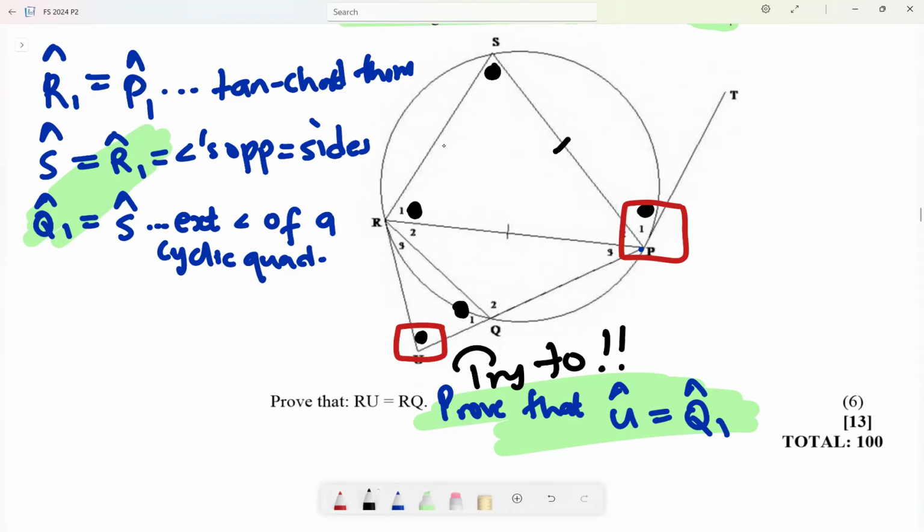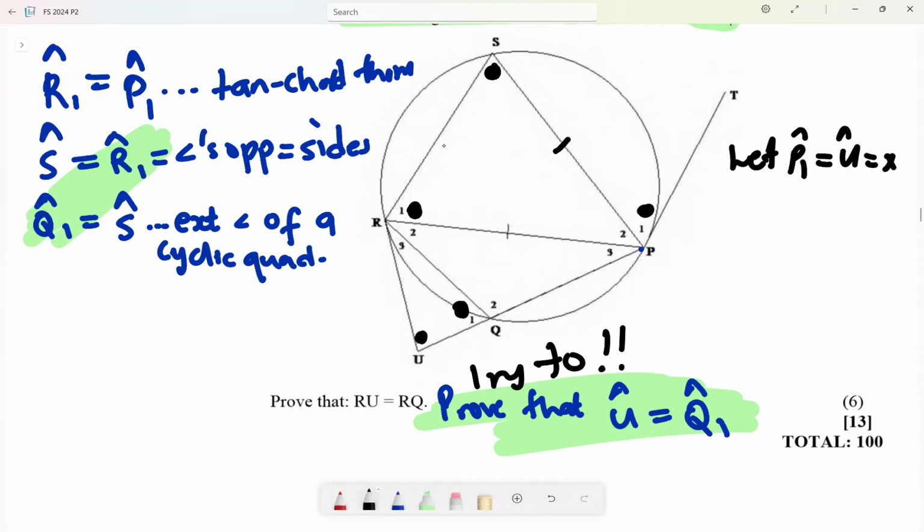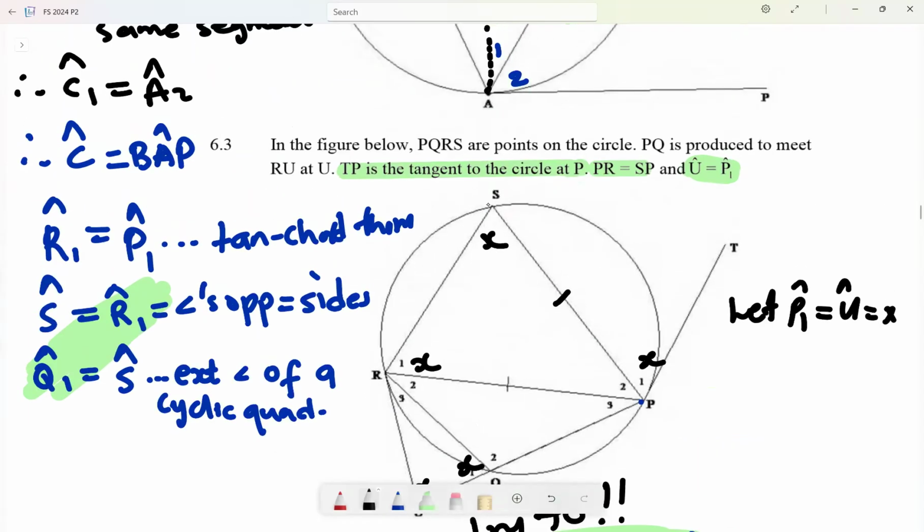What I like to do so that I do not get confused is to say, let angle U equal X. Then I tell my examiner, this is X, this is X, and I proved this is X, and I proved this is X. If you have done this on your answer sheet, the examiner will see.